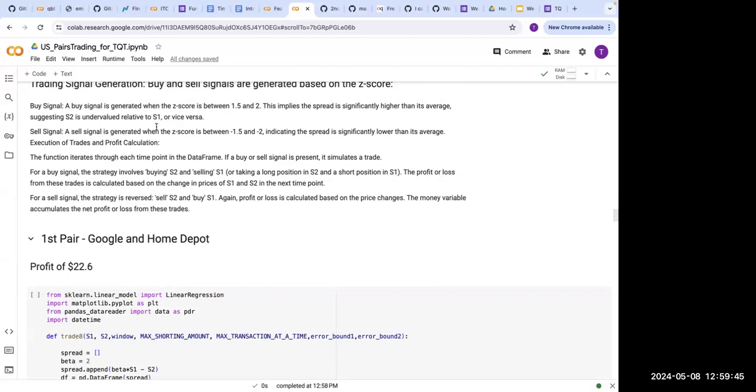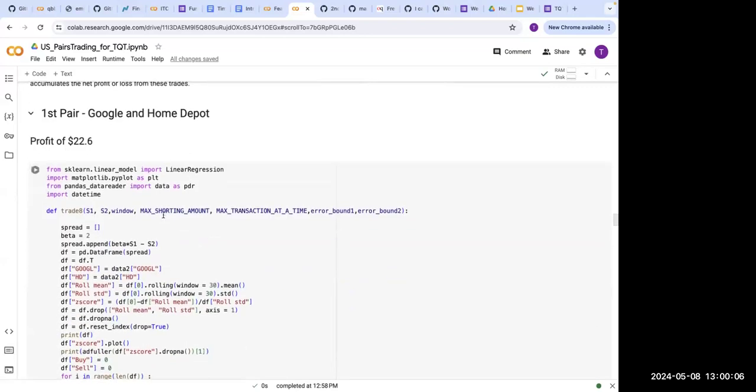And this suggests that one stock is undervalued relative to the first one. The opposite is the case for a sell signal. Whenever you see a very big downward movement in the spread, that indicates it's significantly lower than average, and so you do the opposite. Okay, so same idea in the code here.